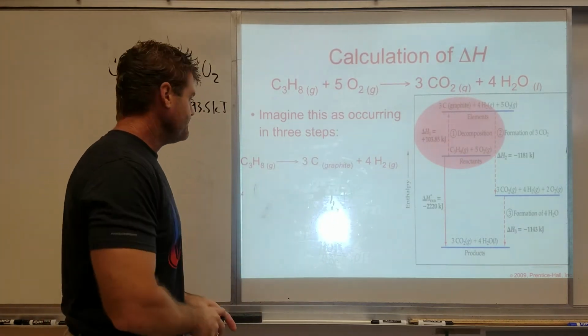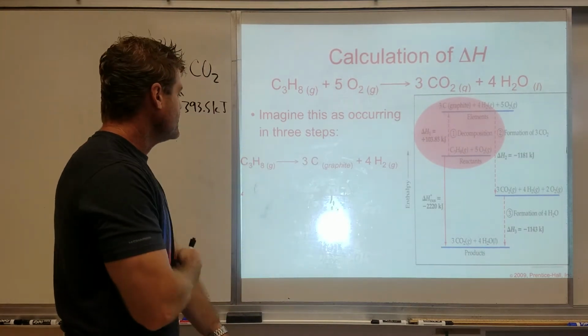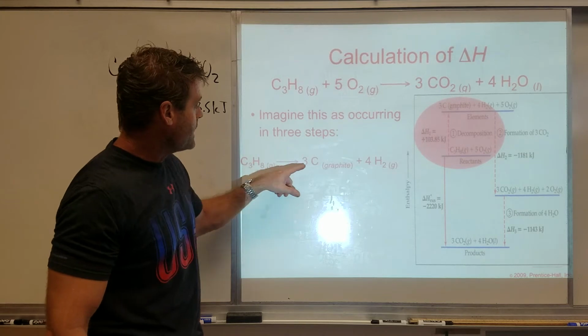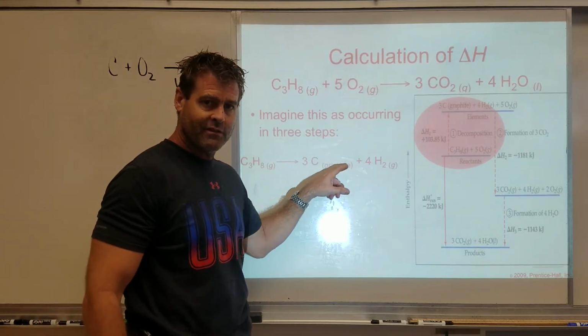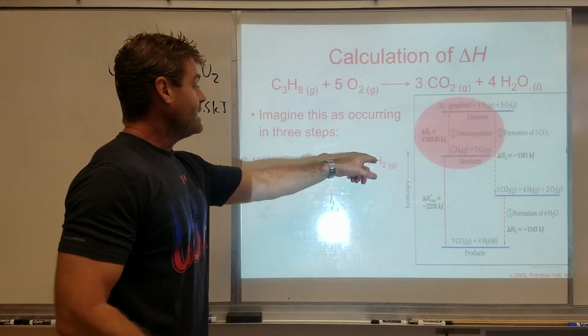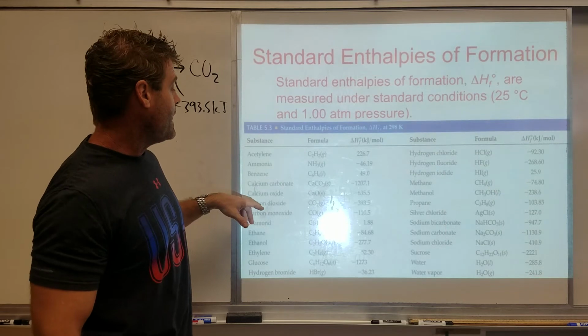Here's one way you could do it. You could look at this reaction as a series of sub-reactions. For example, let's say I look at propane breaking down to its constituent elements. I could get a delta H associated with that. I could just go back to my enthalpy of formation for propane.